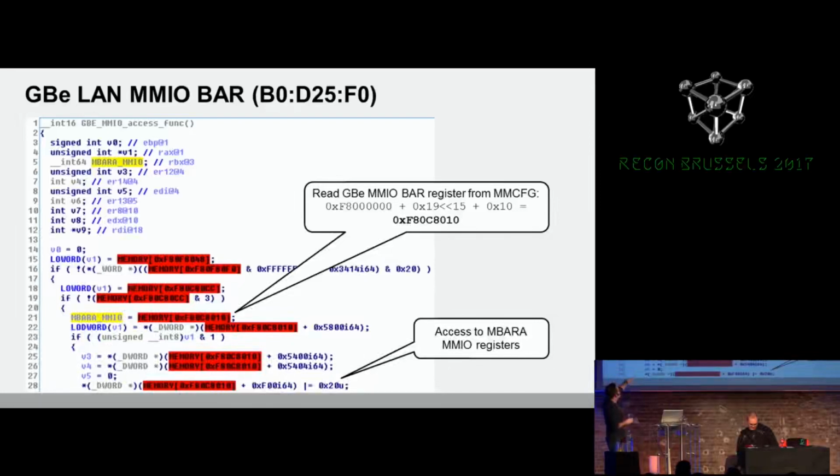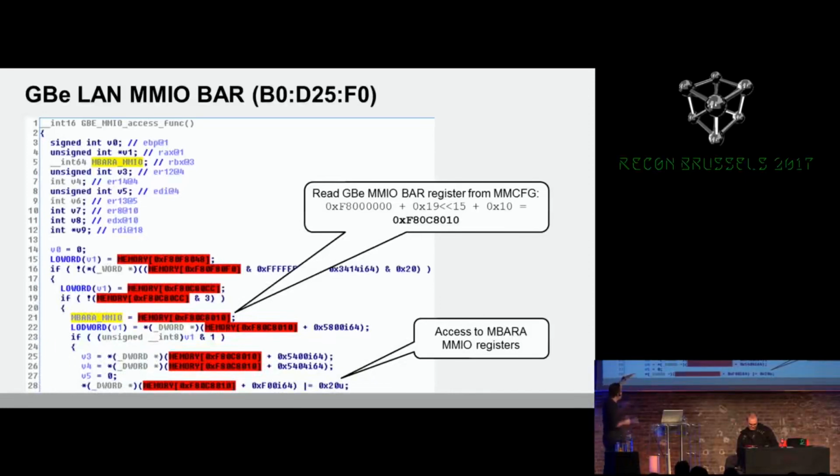The third constant you can see, F80C80CC, is reading a configuration register from the GB LAN config space, but it's a different register, the power management control status register. The BAR itself is F80C8010. That's one of the reds, and that's where firmware reads the actual address of the BAR.